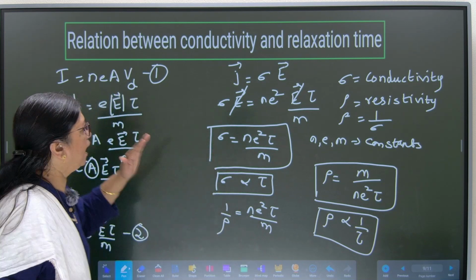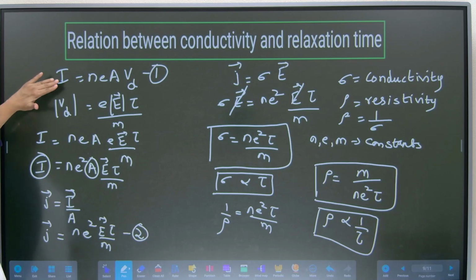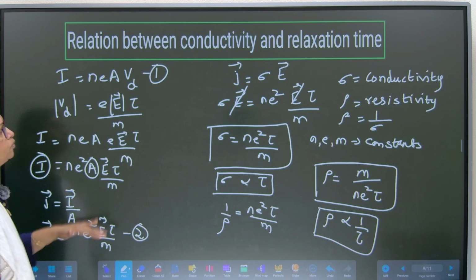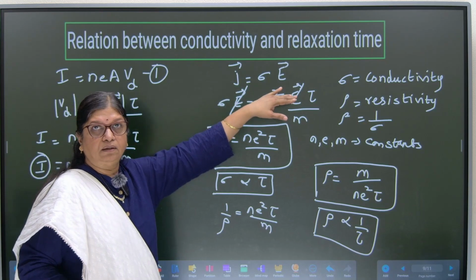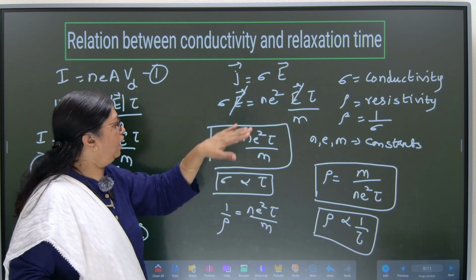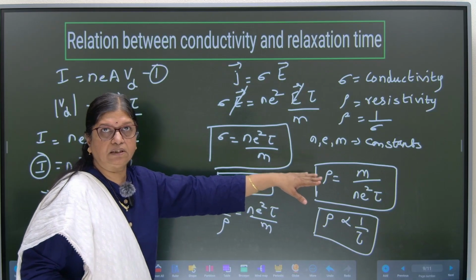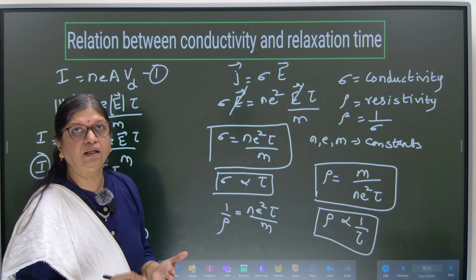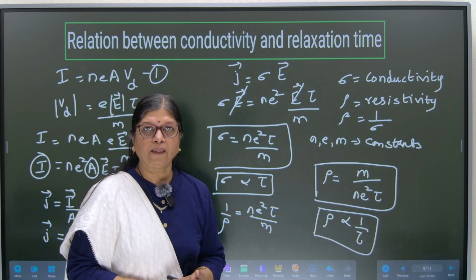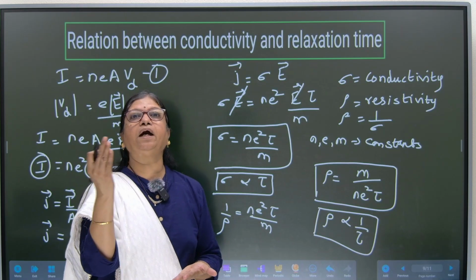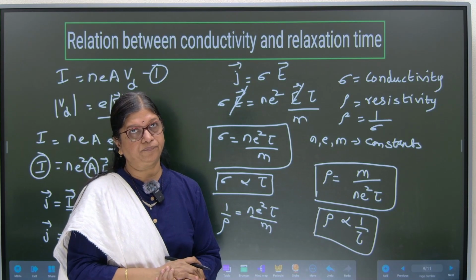Fine, I have joined the formula I, Vd, got J, substituted in the equation J is equal to sigma E, got conductivity and resistivity. This is what is done in this video. This is also a 1 mark derivation question.